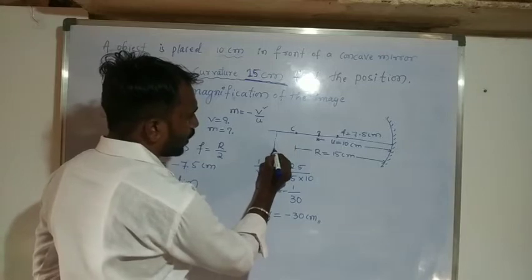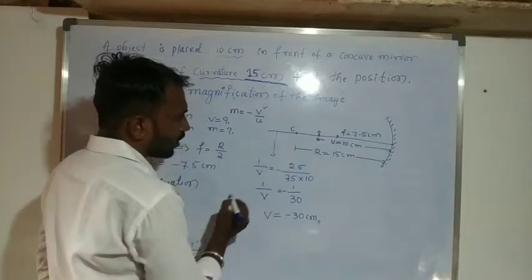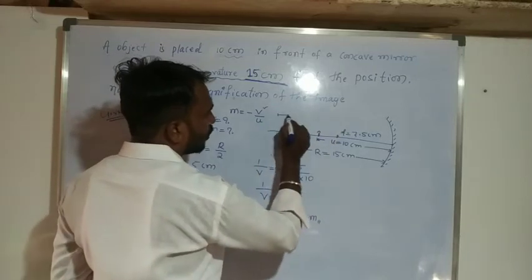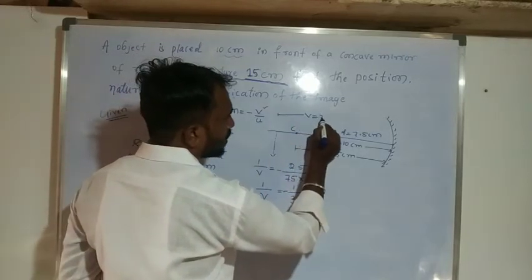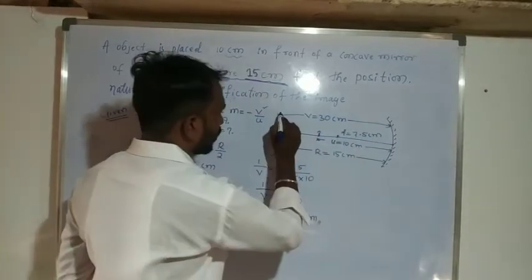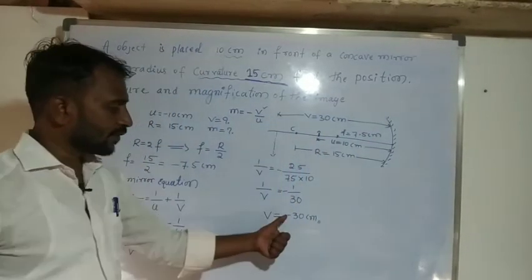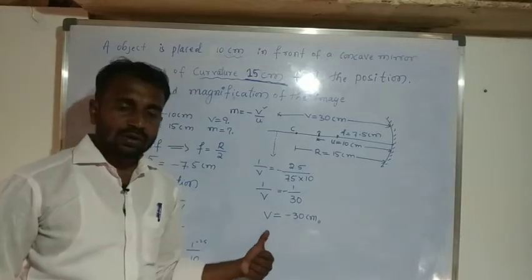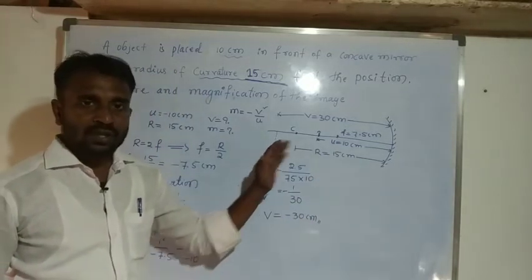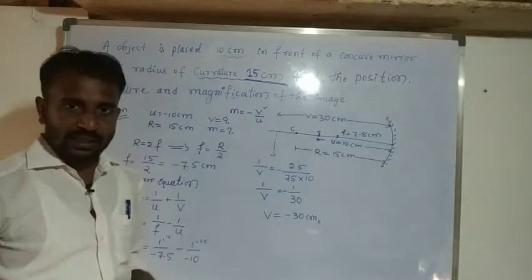Suppose here we get an image. So the image distance from the mirror is v equal to 30 centimeter. It is negative because it is present in front of the mirror, meaning opposite to the incident ray.